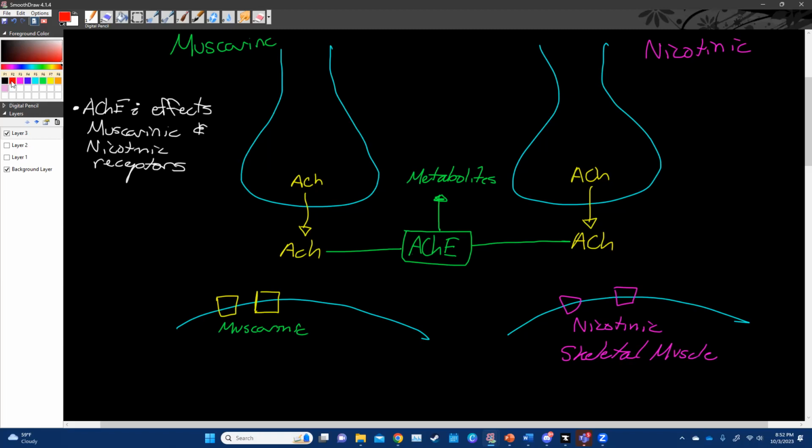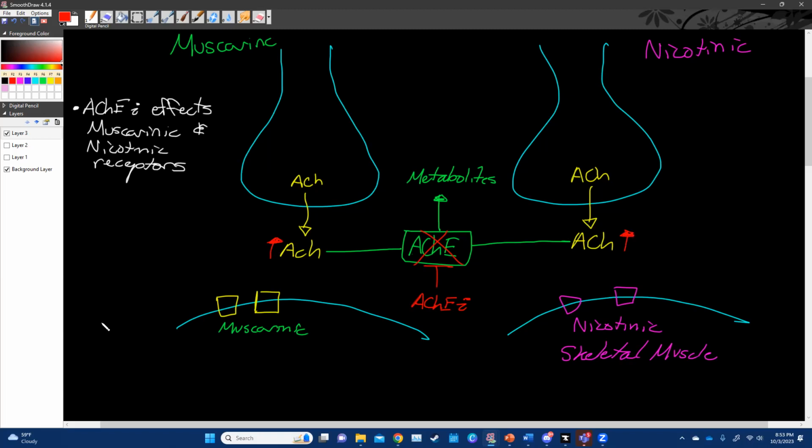An acetylcholinesterase inhibitor will come in and turn off the esterase. What happens to the amount of acetylcholine in the synapse? It will increase.